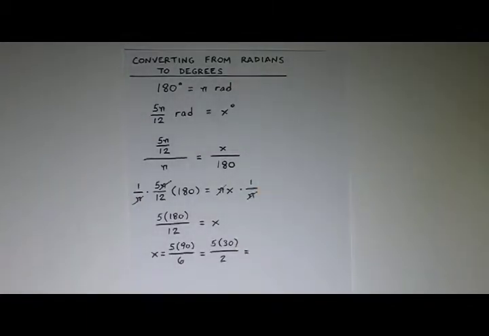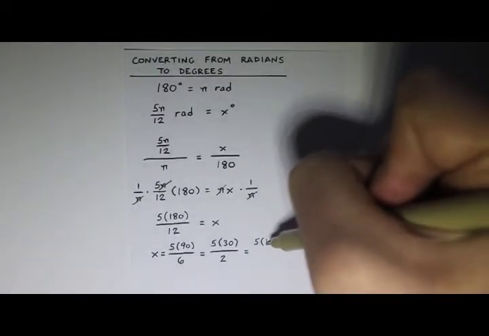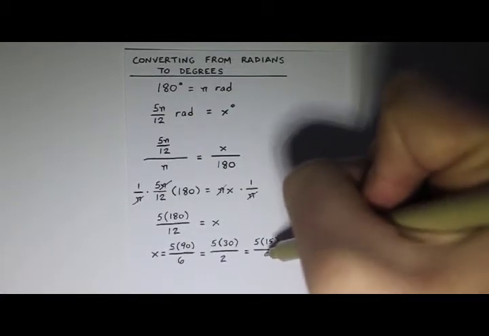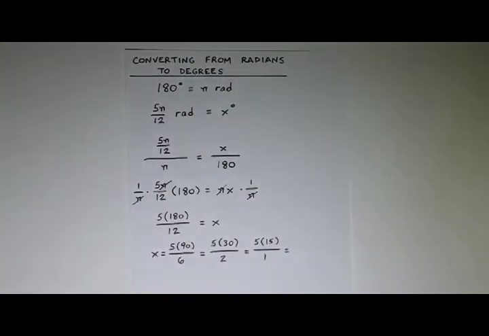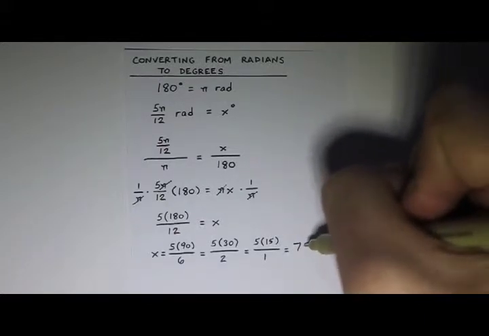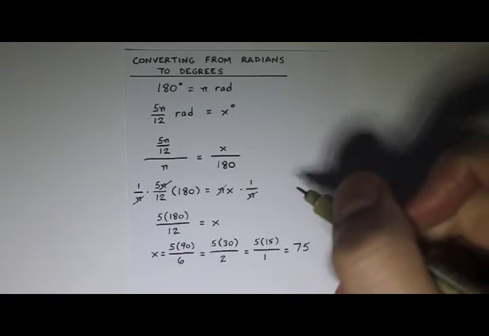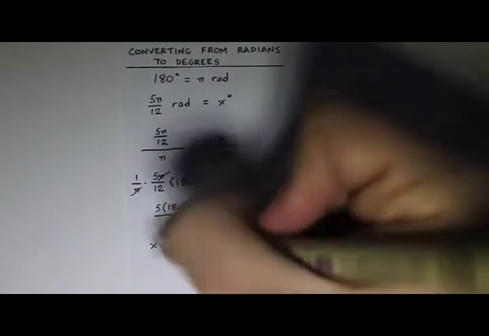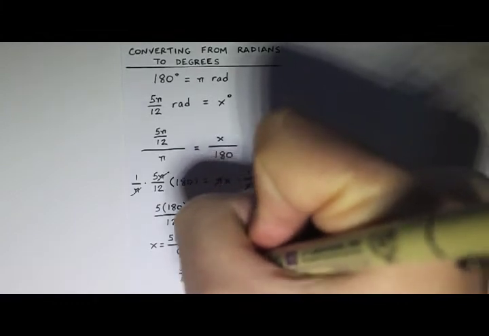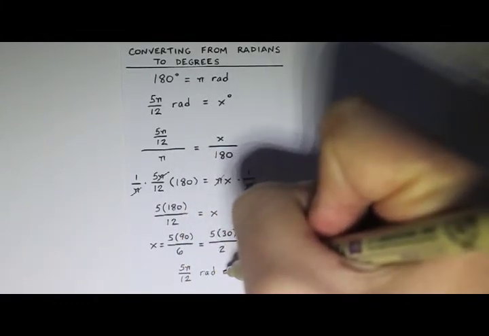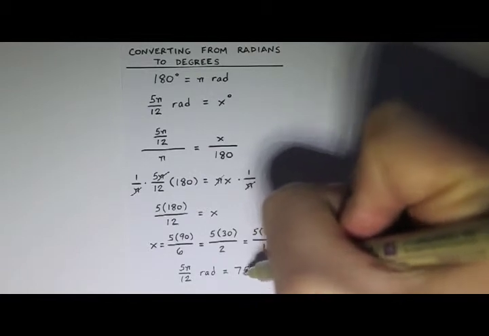And I think I can keep going here. 30 and 2 are both divisible by 2. So that's 5 times 15 over 1. Okay, now I'm pretty much done. 5 times 15, you can either do that out by hand or do it on a calculator if you want. Either way, the answer is 75. And so I see that 5 pi over 12 radians, so let me write that down here, equals 75 degrees.